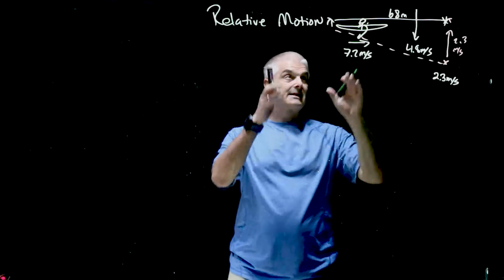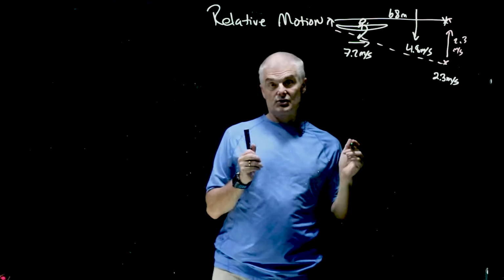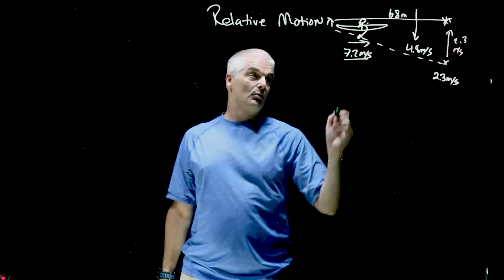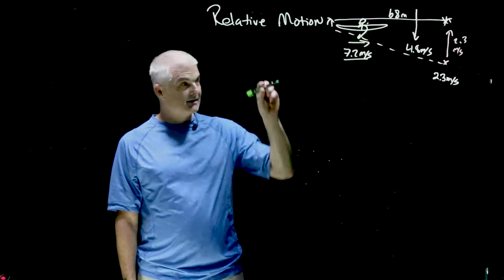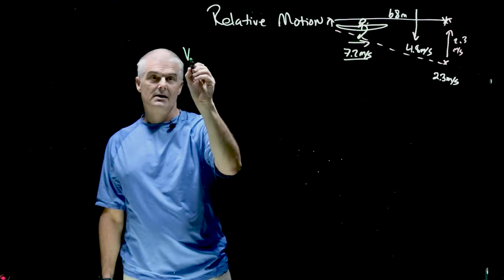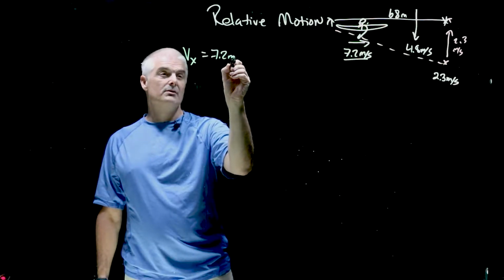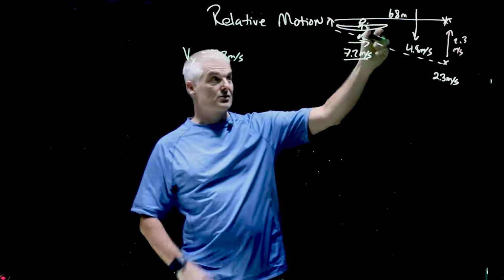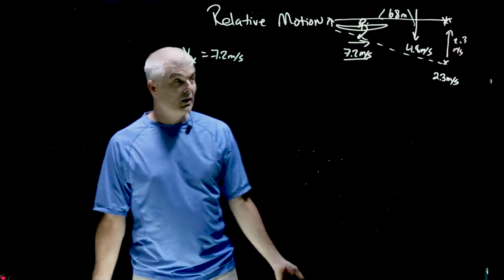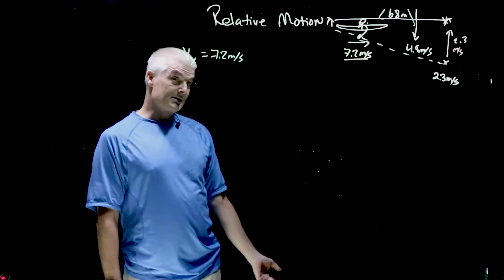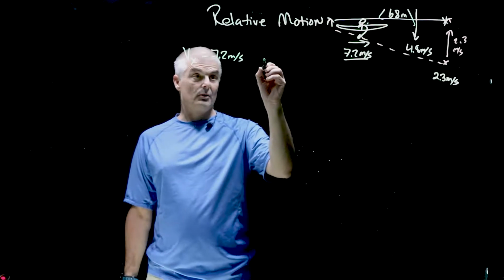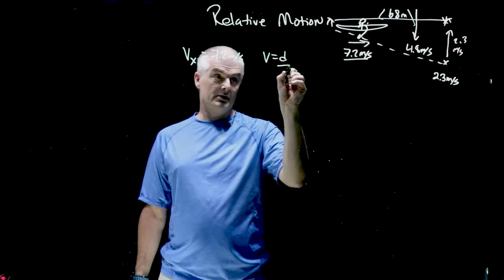So let's think about this. How long does it take to get across the stream? Now, this right here, 7.2 meters per second, is his Vx, right? Vx, velocity in the x direction, is 7.2 meters per second. And since the x direction we know to be 68 meters, we actually know how long it's going to take him to get across the river. You might recall the equation V is d over t.